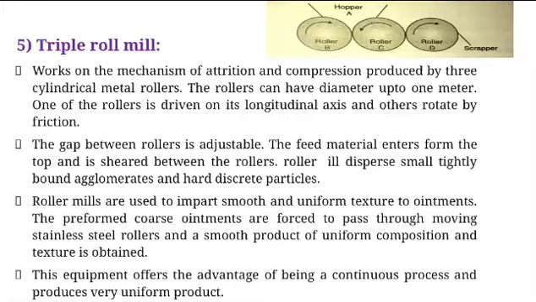One of the rollers is driven on its longitudinal axis and the others are rotated by friction. The gap between rollers is adjustable. The feed material enters from the top and is sheared between the rollers. The rollers will disperse small tightly bound agglomerates and hard discrete particles.